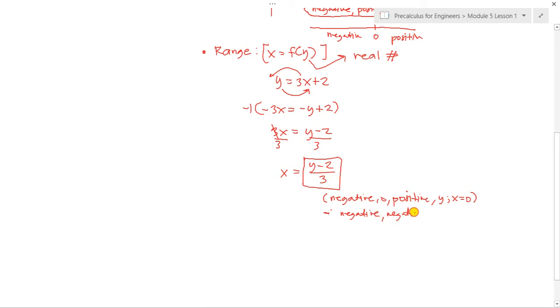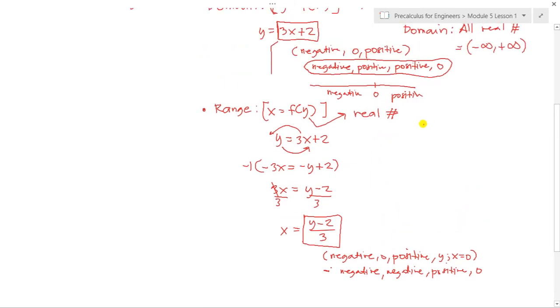How about if we input a positive value? Let's say 1 million minus 2 is 999,998, divided by 3, still positive. So we have negative, then positive, and there is also the possibility that it becomes 0. So what does this mean, class?